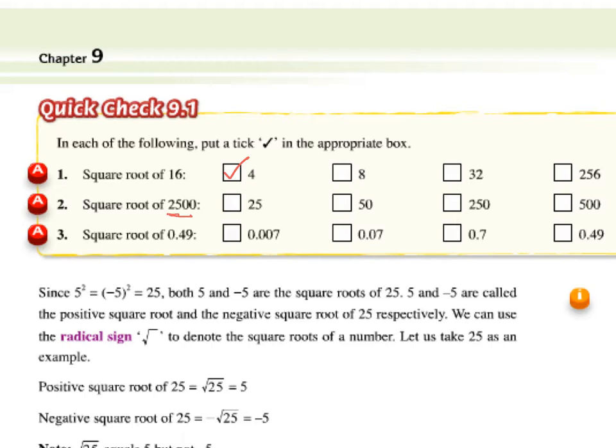The answer is 50. What number square equals 0.49? I guess this time you may need to use a calculator. The answer should be 0.7. So the square root of a number means what number square equals your goal. Is this okay?